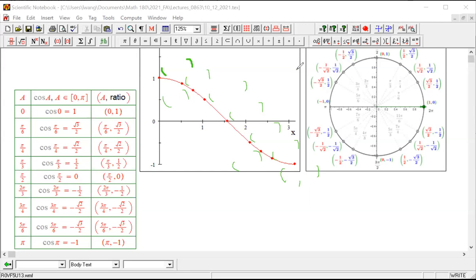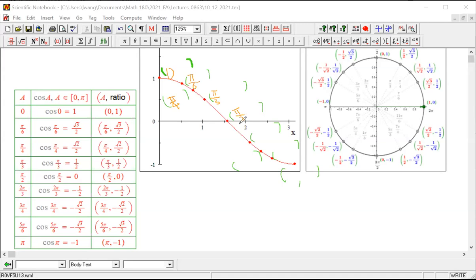Okay, so what I want you to see with the orange color: arc length being 0, arc length being pi over 6, arc length being pi over 4, arc length being pi over 3, arc length being pi over 2.